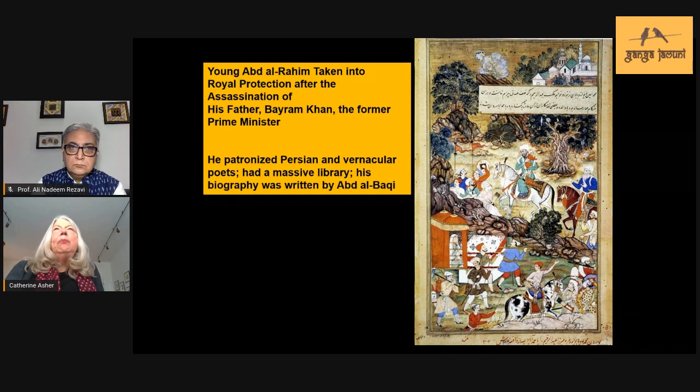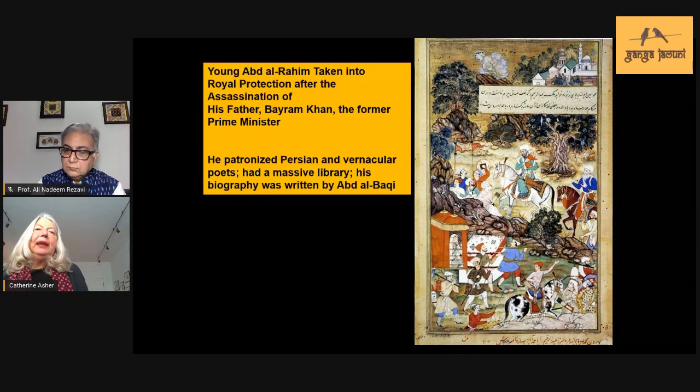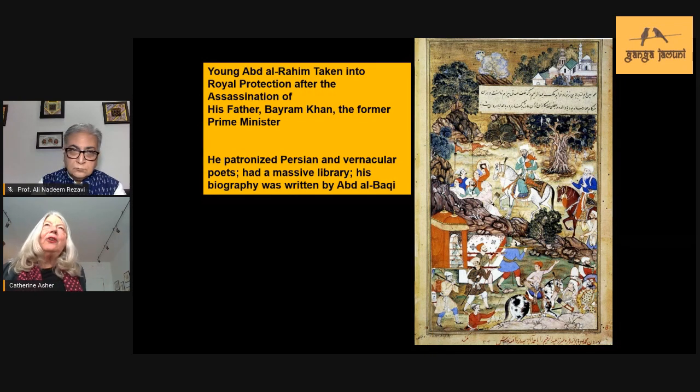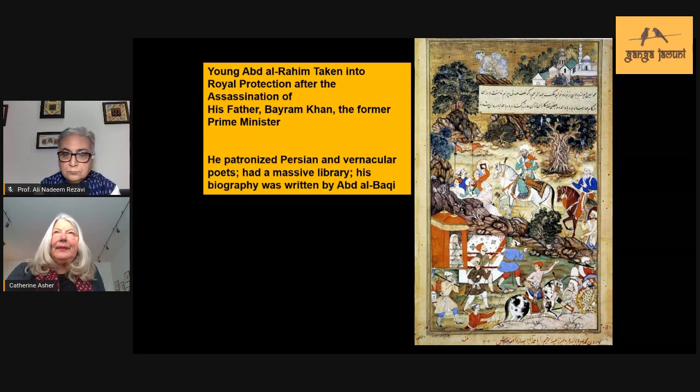Abdurrahim has an impressive career as a cultural patron. We know that he was a huge patron of the Persian language, which of course, remember, Akbar was really pressing because he saw it as a language associated with sulh-i kul, that is, a language which was not a language of religion, not Sanskrit, not Arabic, something that anyone could learn.